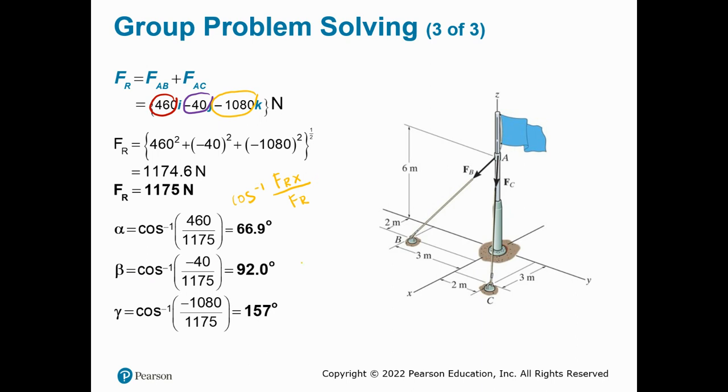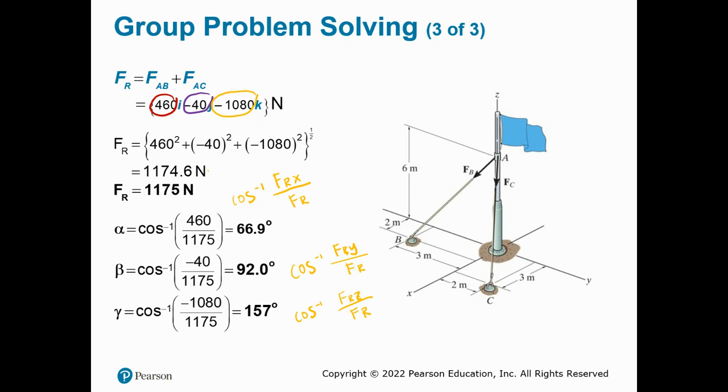Same thing, so the beta over here is cosine inverse of F resultant force Y component over F resultant force overall. And then the gamma is cosine inverse F resultant Z component over F resultant. So that gives me the angle for every single one of them.